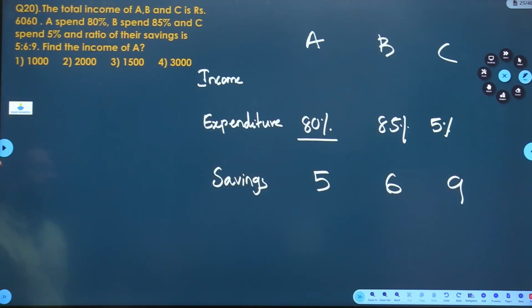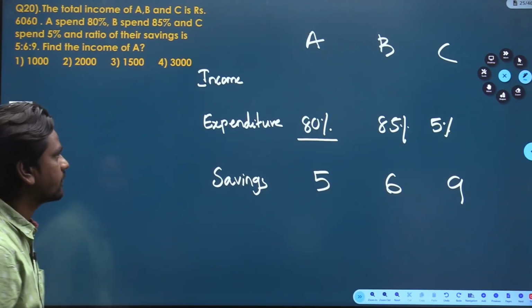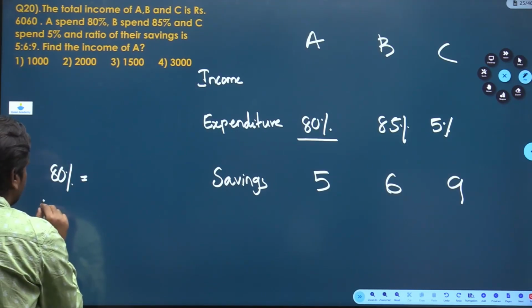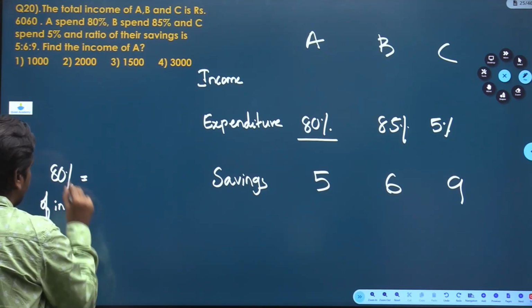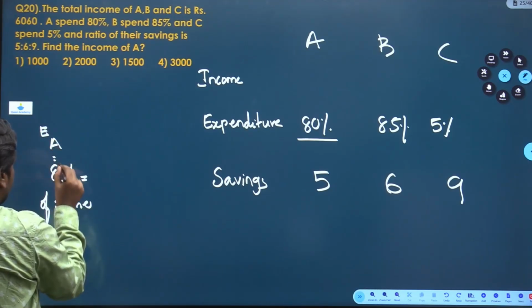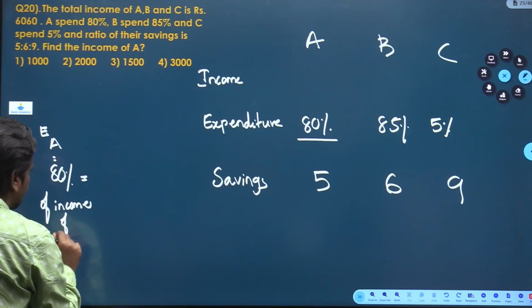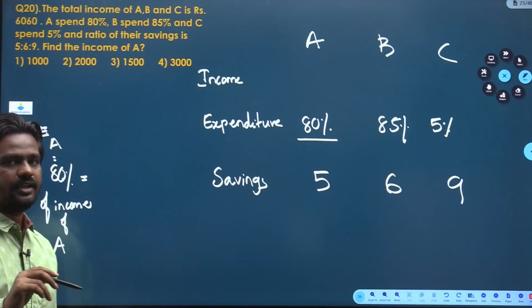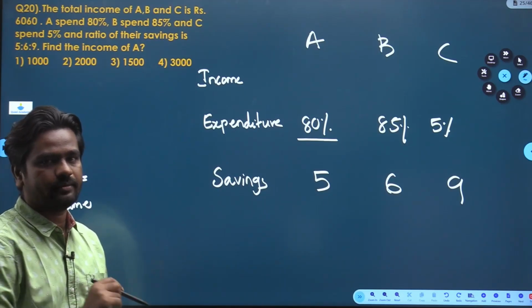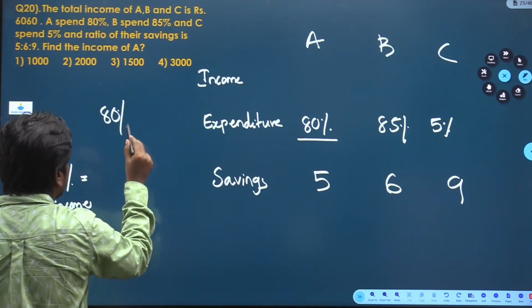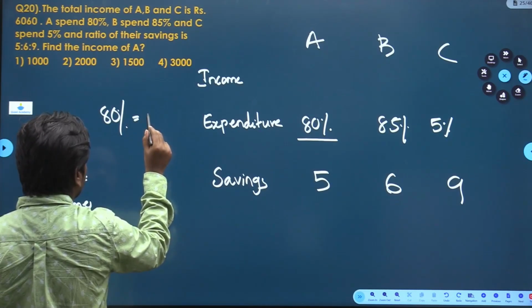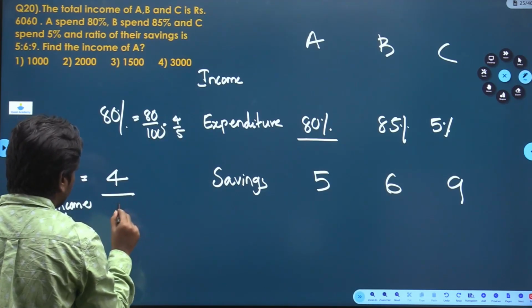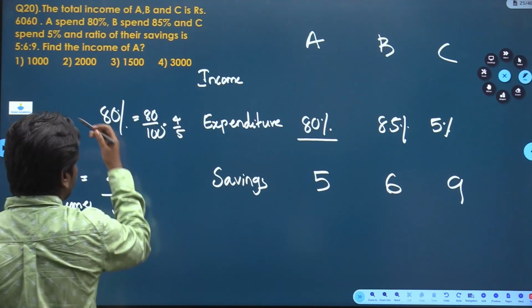Fine. Listen properly. Expenditure of A is 80%, which means 80% of the income of A. We know 80% is 4/5.